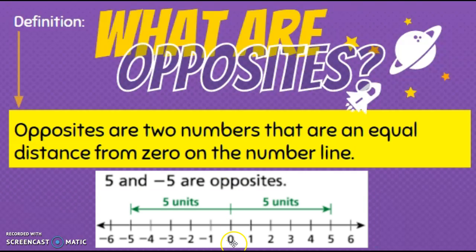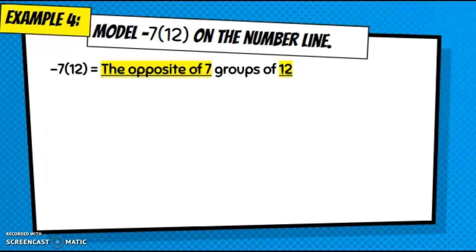Here's 0, and the definition of opposites is 2 numbers that are an equal distance from 0. So 0 to 5, that's 5 units, and 0 to -5 is 5 units. They are opposites. This idea of taking a positive number and its opposite is a negative, meaning it's on the other side of the number line, is very key to understanding the rest of the rules for integer multiplication.